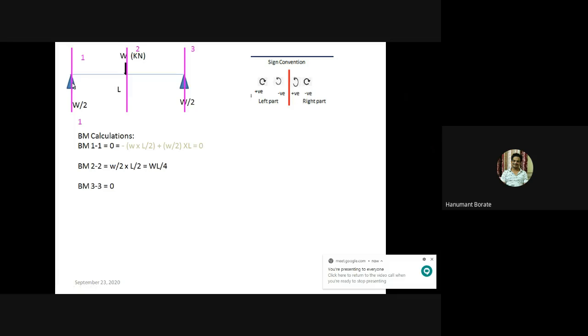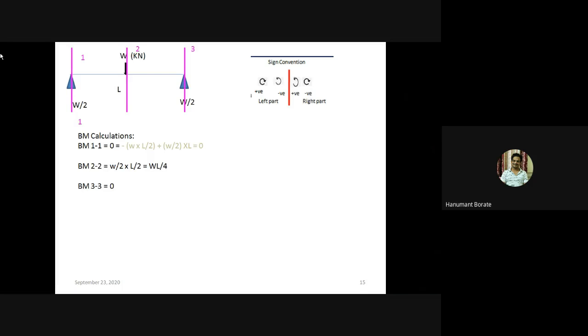As per the rule of critical points, we need to calculate bending moment at all vertical loads, UDL start point, UVL start point, UDL end point, UVL end point, and just left and right of a concentrated moment. And another point is where SF changes its sign, right?